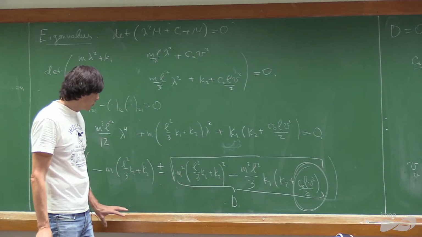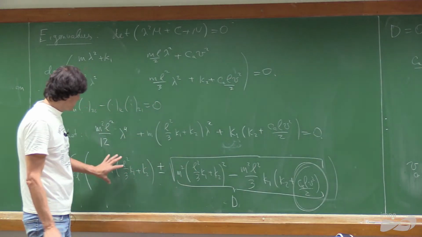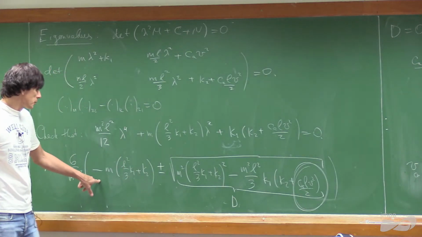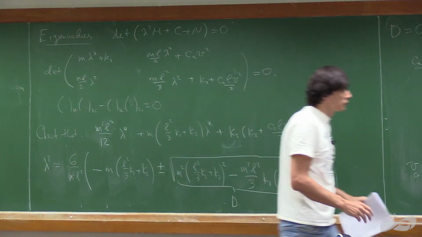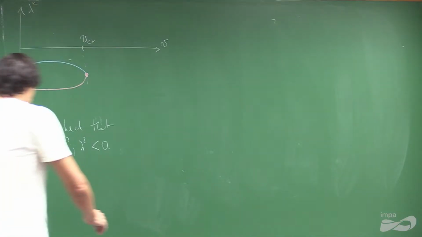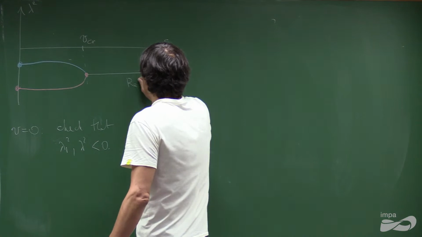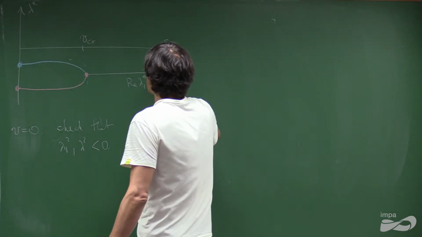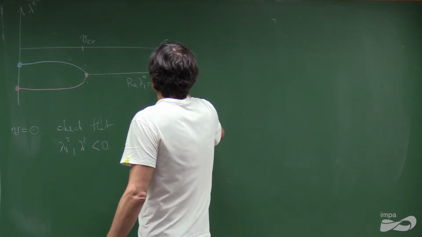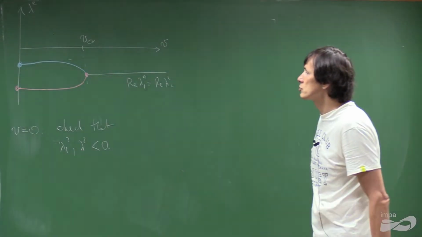So the plus minus term is imaginary, and this is a real part, right? So it doesn't depend on velocity. So what continues is that it continues as a constant. So this is a real part of lambda 1 squared equal real part of lambda 2 squared. So it continues as a constant, just real part.